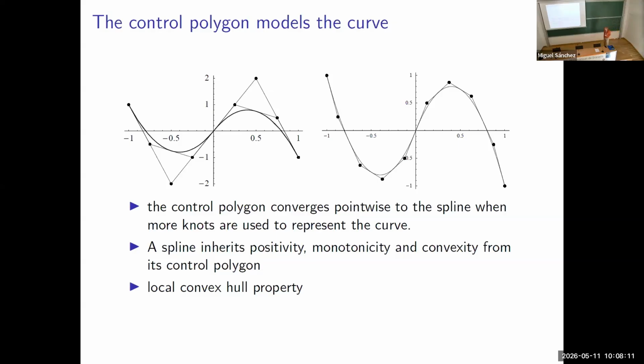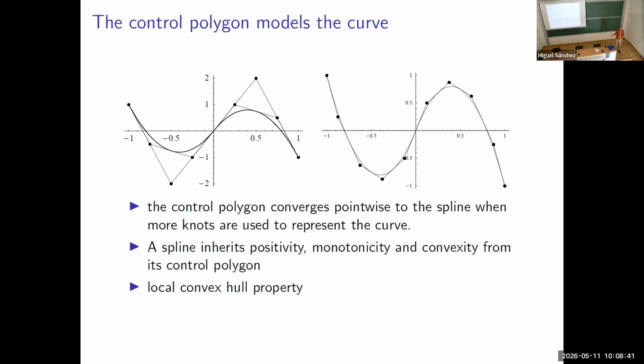Not only that, the spline inherits shape-preserving properties from its control polygon. For example, if the control polygon is positive, then the spline function is positive. If the control polygon is monotone, then the spline function is monotone. And if the control polygon is convex, then the spline is convex, which is a very nice, easy way to check whether I have a convex function.